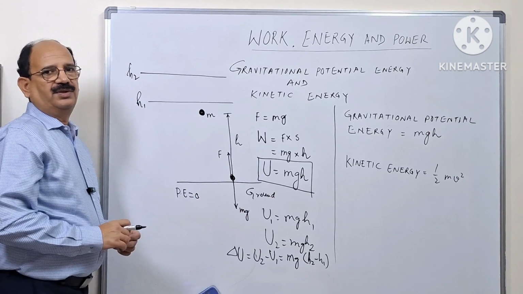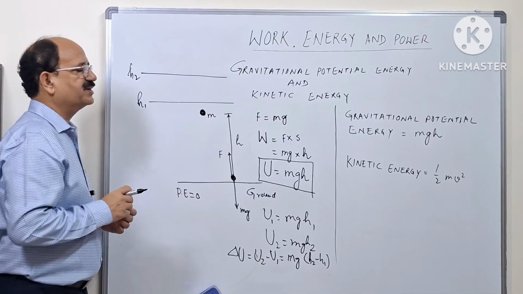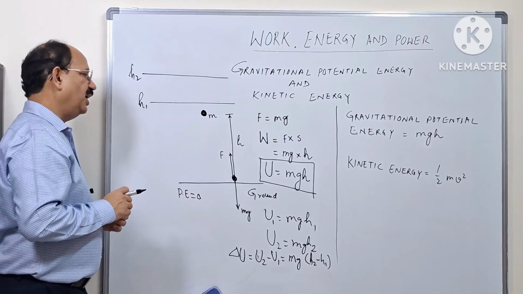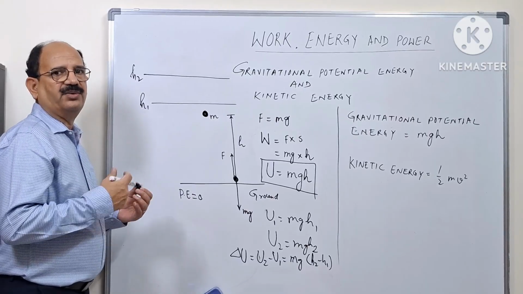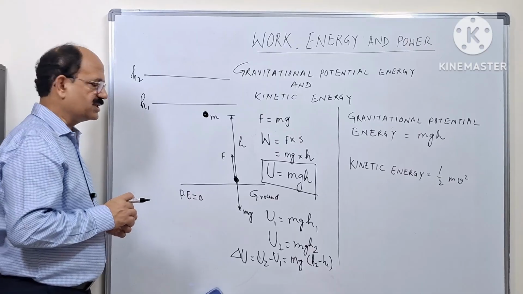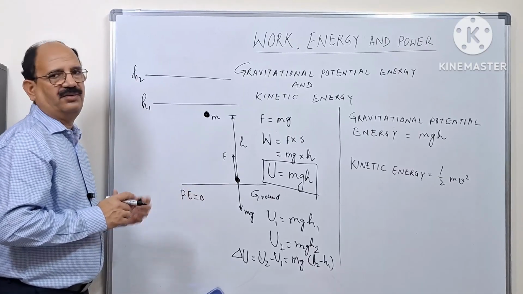Right? So this is the way you derive the gravitational potential energy, and you can use this formula anywhere you have to identify the gravitational potential energy above the surface of the earth or from the ground.